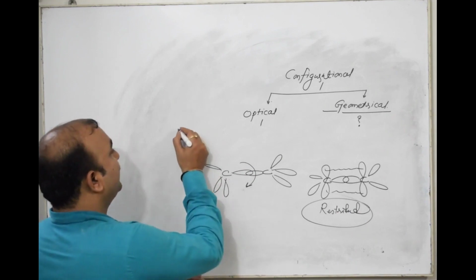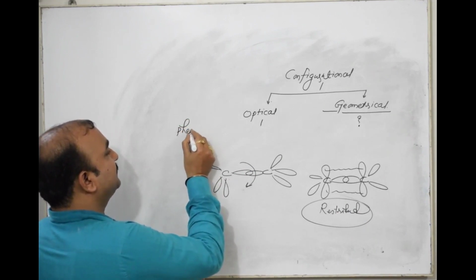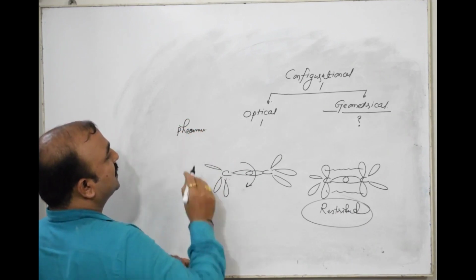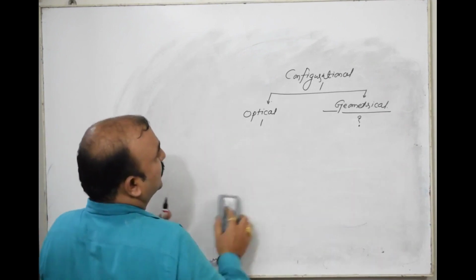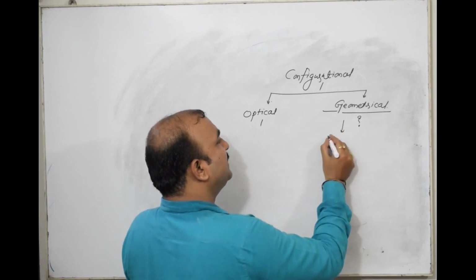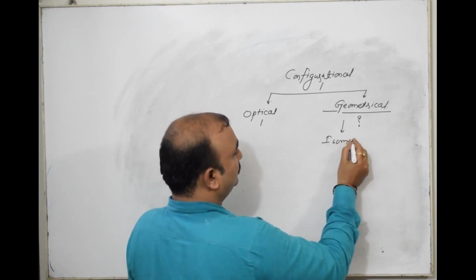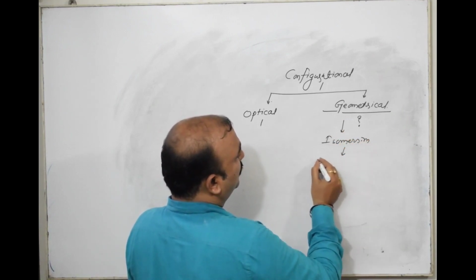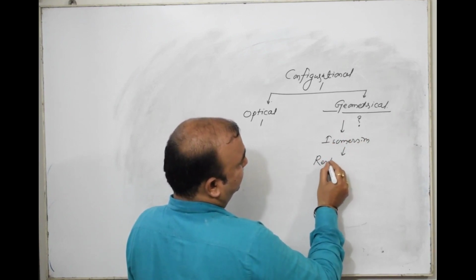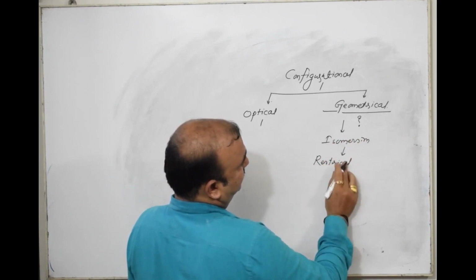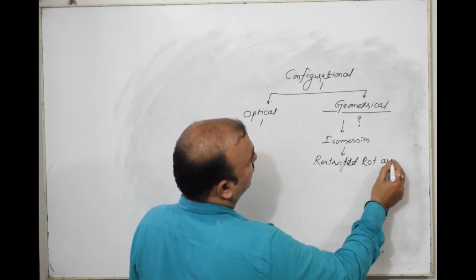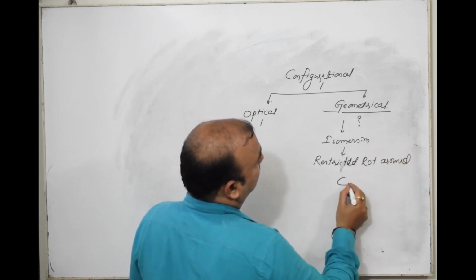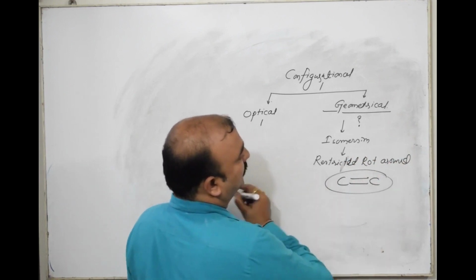Now the phenomenon of isomerism due to restricted rotation around a carbon-carbon double bond. Very important.